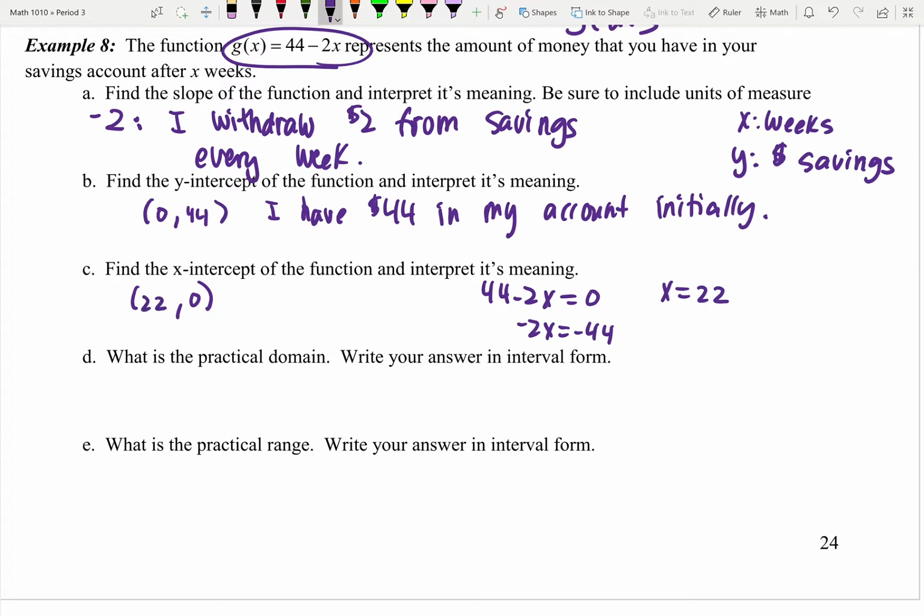Okay, what does that mean? You guys, the 22 stands for weeks, right? The 0 stands for money. So I'm going to say after 22 weeks, I will have no money.